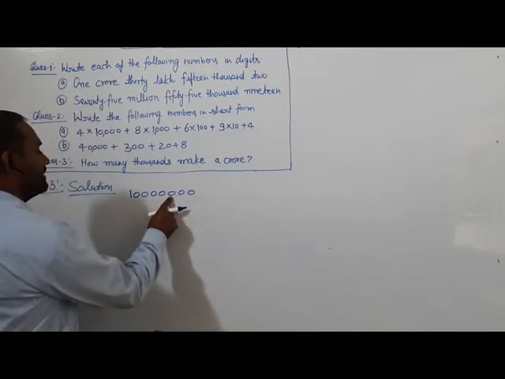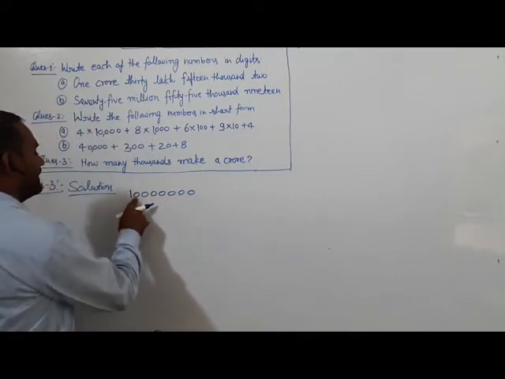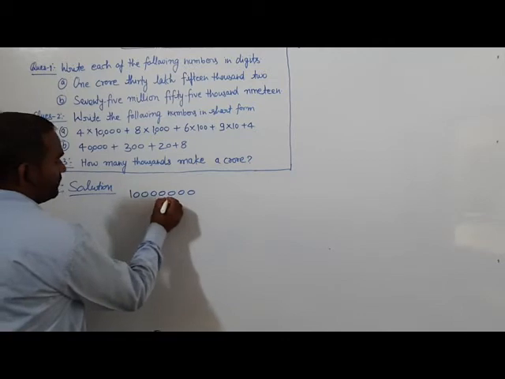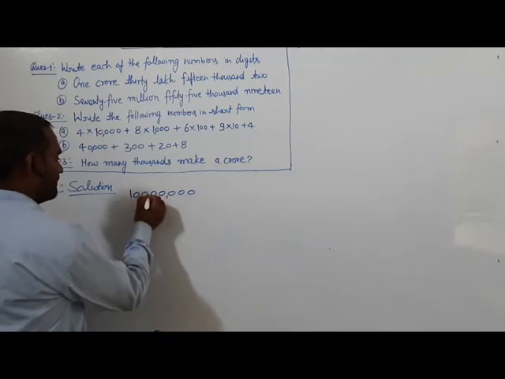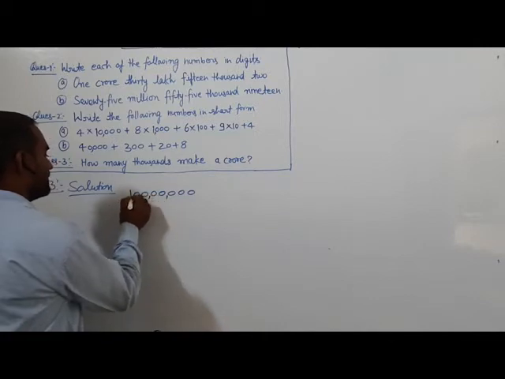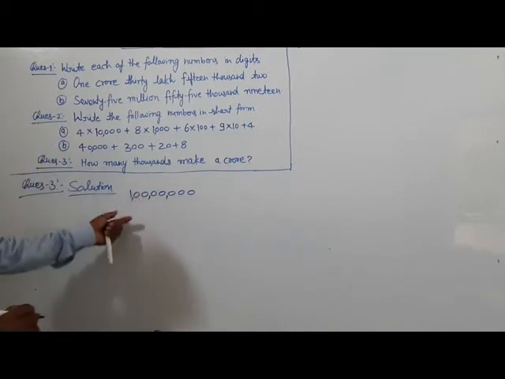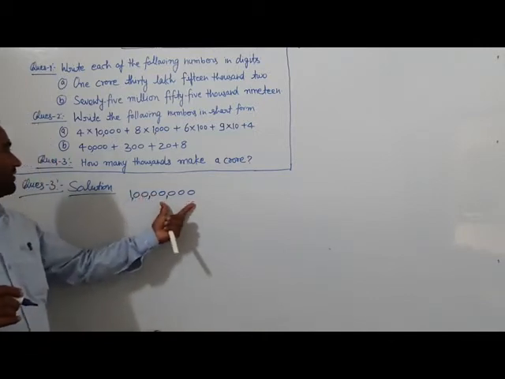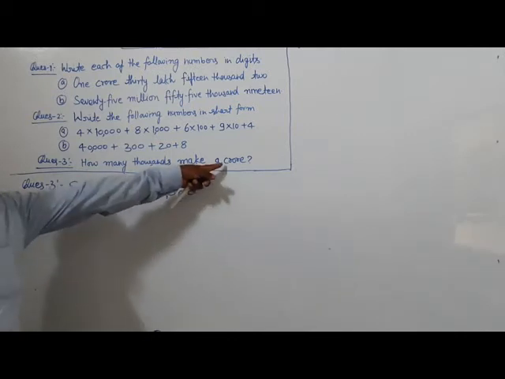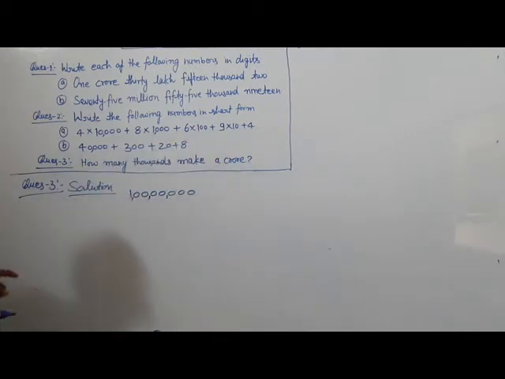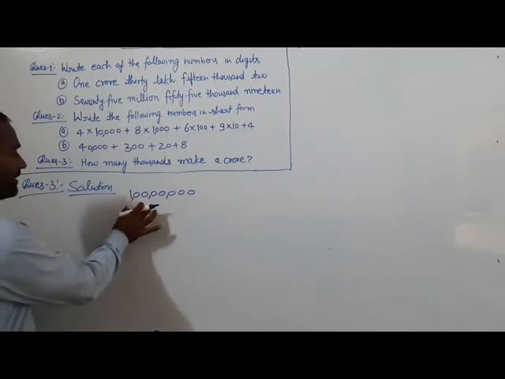Ones, tens, hundred, thousand, 10,000, lakh, 10 lakh, crore. Use periods: the first period is after 3 digits, and the second after 2, and the third also. Here this is 1 crore. How many thousands make a crore?